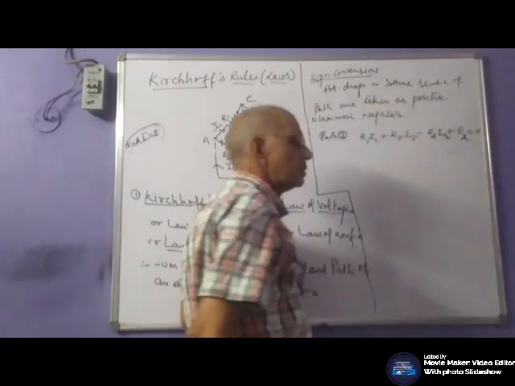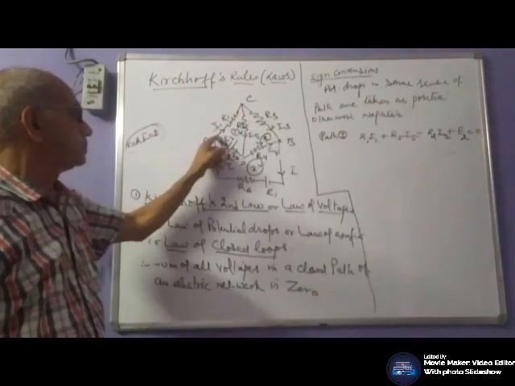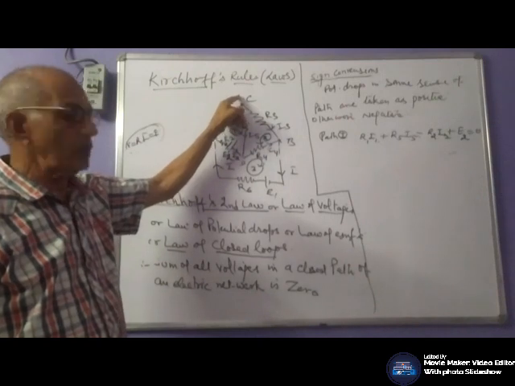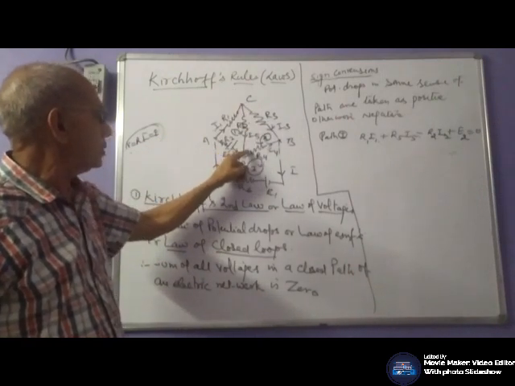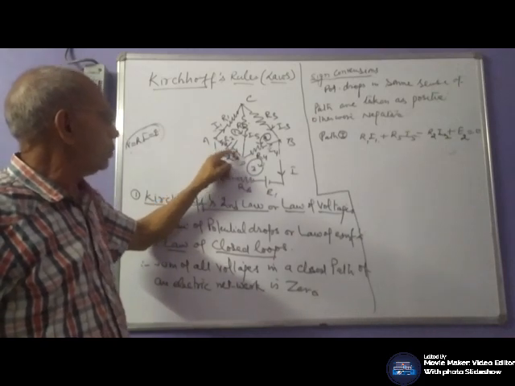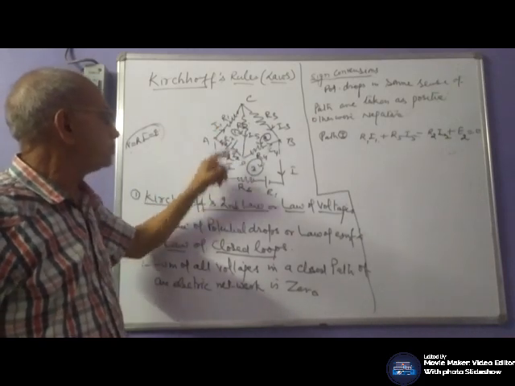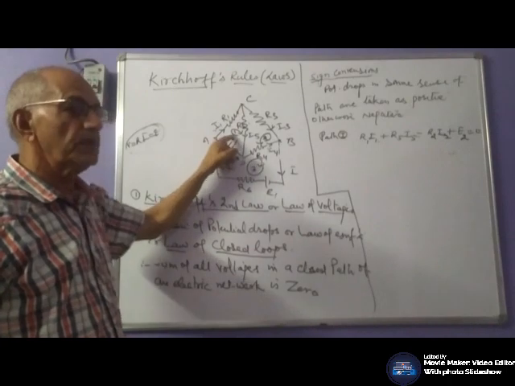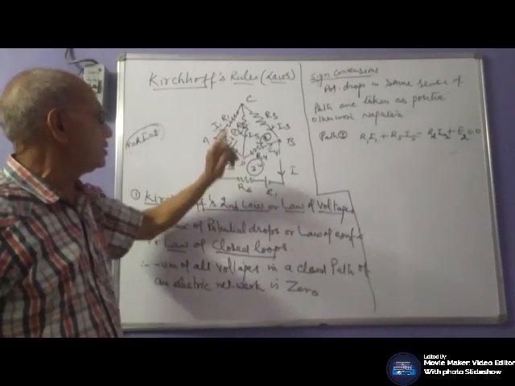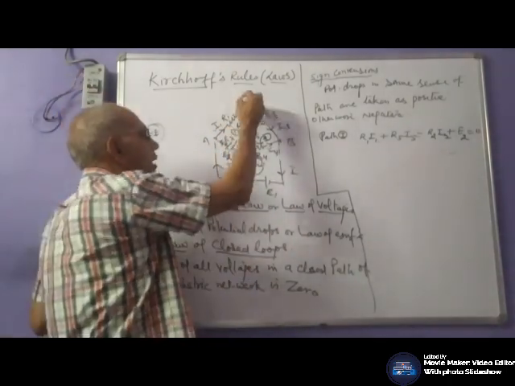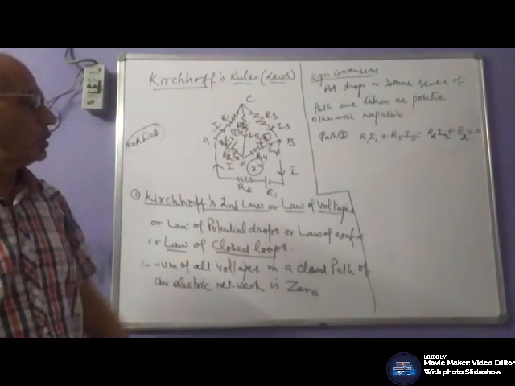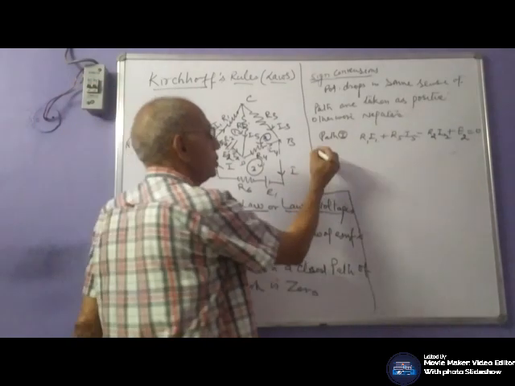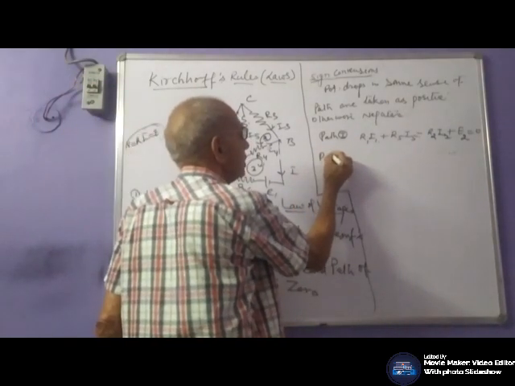Sum is 0. Again listen. R1 I1 positive, R5 I5 positive, R2 I2 positive. RI is finished. Now the EMF remains. Where this current is going has no meaning here. Path is at the positive terminal, so it is positive. Path second.